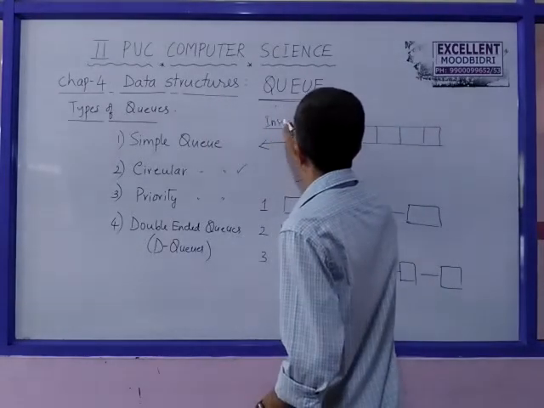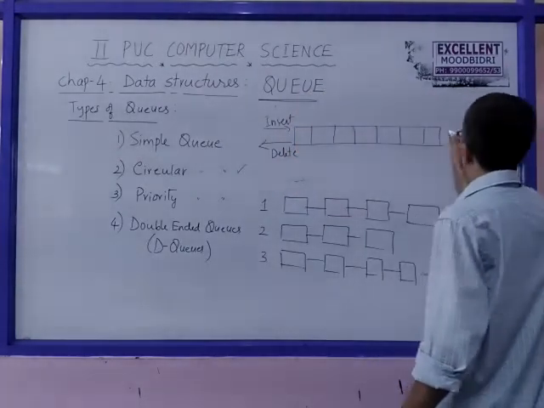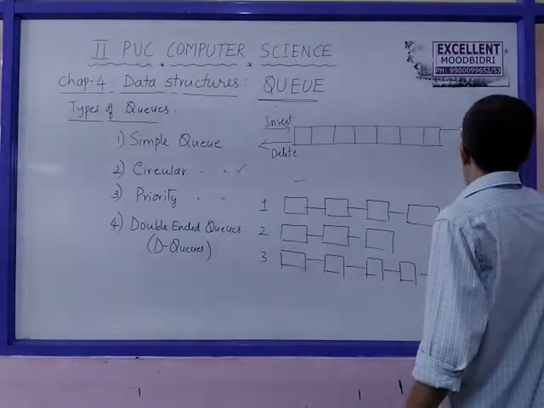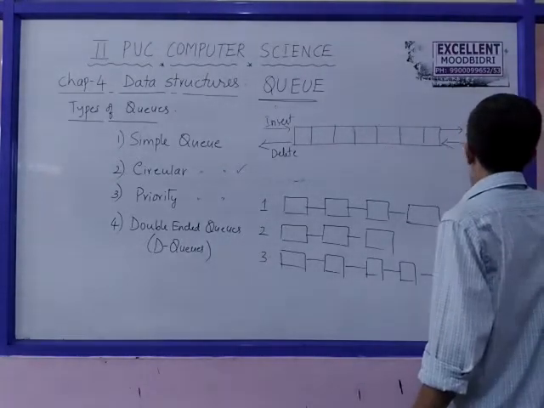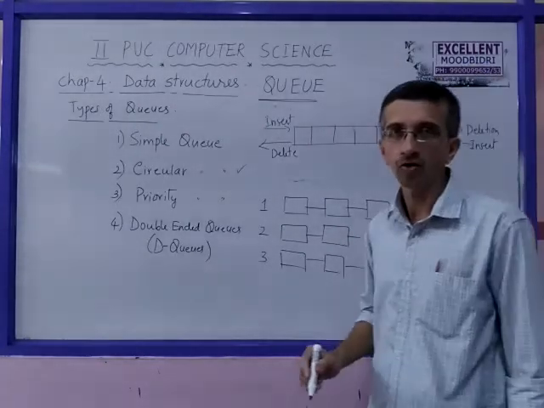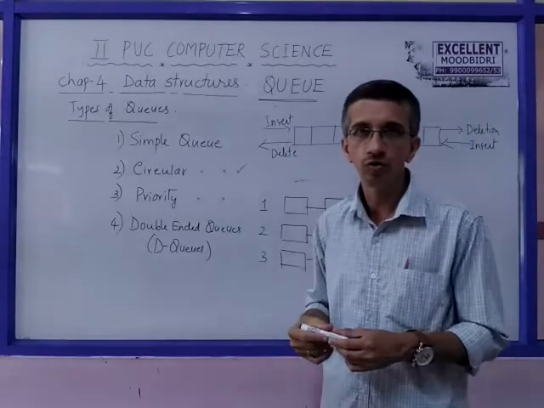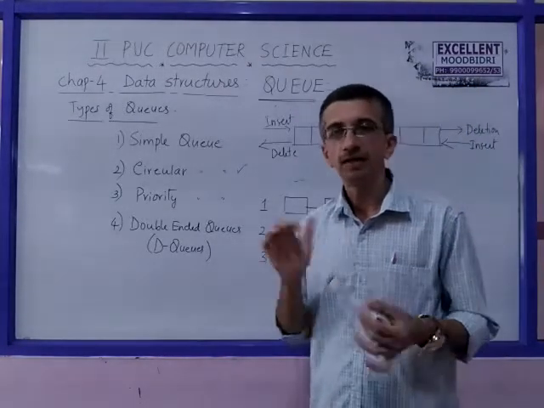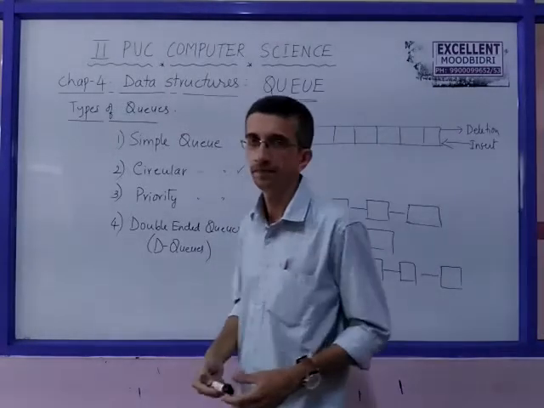Insert and delete. So insertion and deletion operations can happen at both ends. That means one end can act as both front end and rear end accordingly as required. So these are some types of queues.